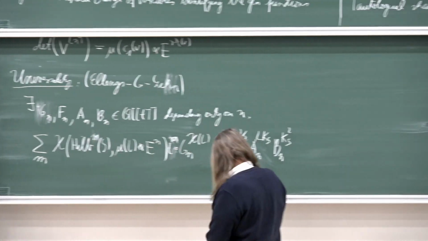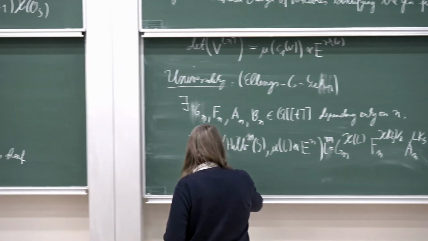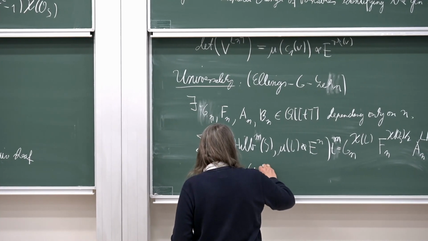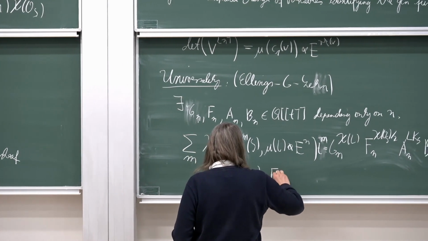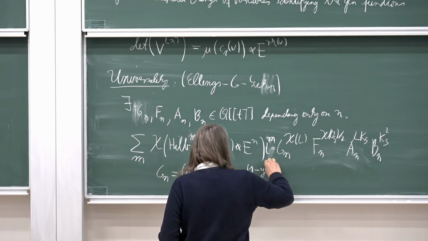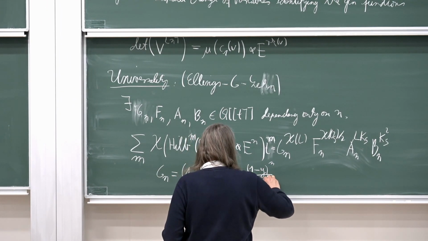Okay, so we have this. And in this case, 2 of them are known, so G_n is just equal to 1 minus y. F_n is equal to (1 minus y)^n divided by 1 minus n squared y.